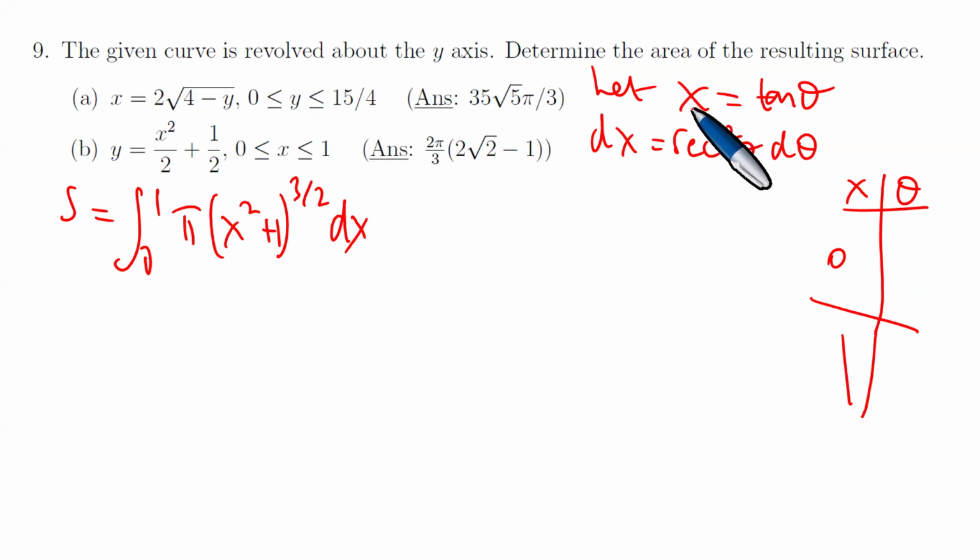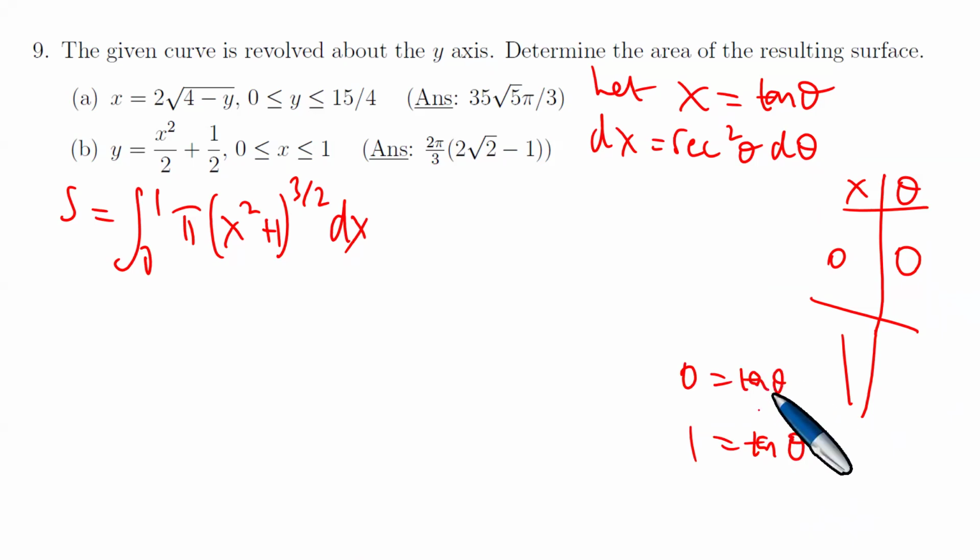Whenever x is 0, you have arctan 0, and arctan 0 becomes 0. You put x equal to 1, so there is tan theta equals 1. So arctan 1 is pi over 4. So now you're going to be integrating from 0 to pi over 4 radians.